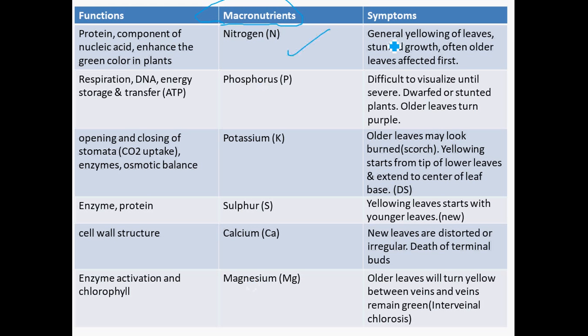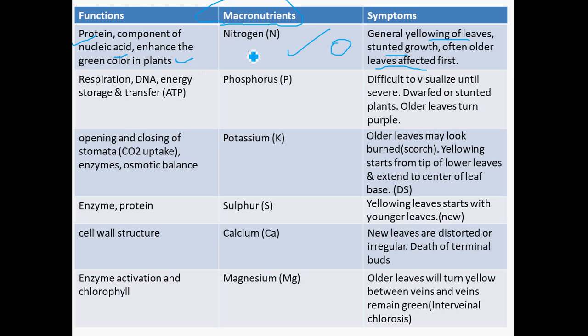Nitrogen deficiency causes general yellowing of leaves and stunted growth, and older leaves are affected first. As we know, the function of nitrogen is protein synthesis and formation of DNA, and it also enhances the green color in plants.